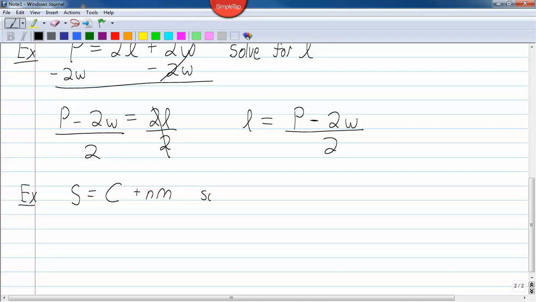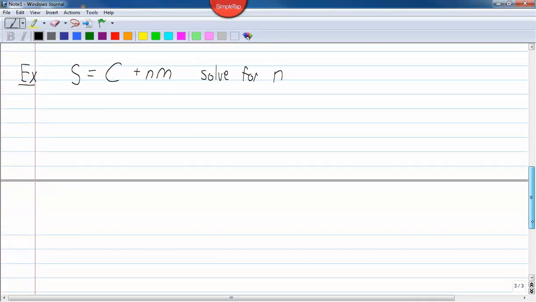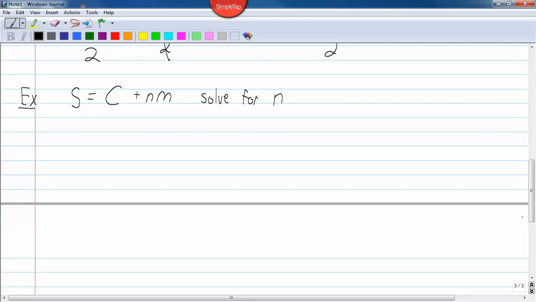I want to solve this formula for N. Alright, so the term that has an N in it is this term, N times M. So the first thing I need to do is get this term on one side of the equation by itself.